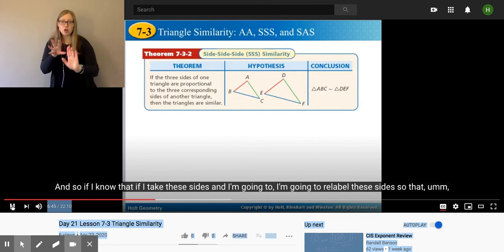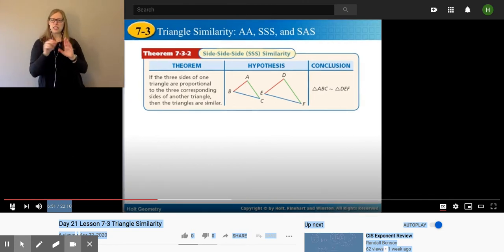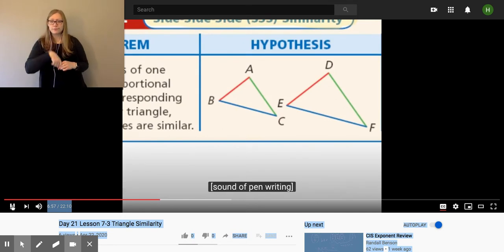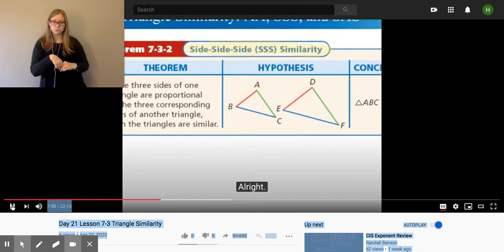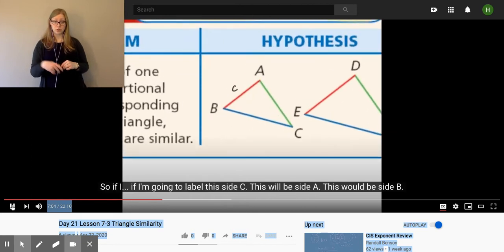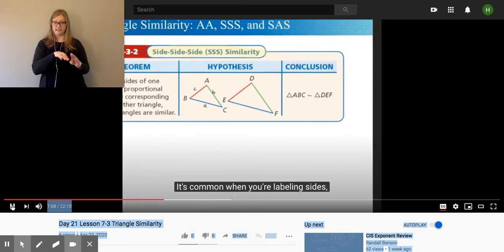And so I'm going to relabel these sides. I'm going to call this side C. Oops, I got the wrong pen. All right. So if I'm going to label this side C, this will be side A, this will be side B. It's common when you're labeling sides.